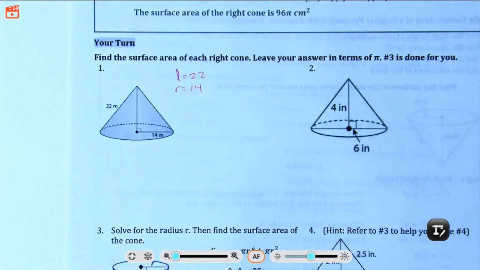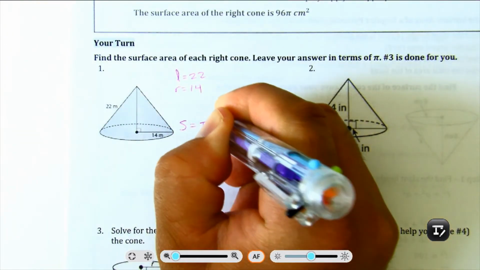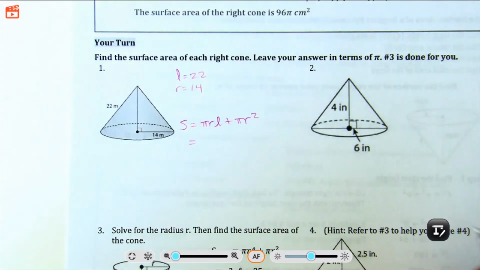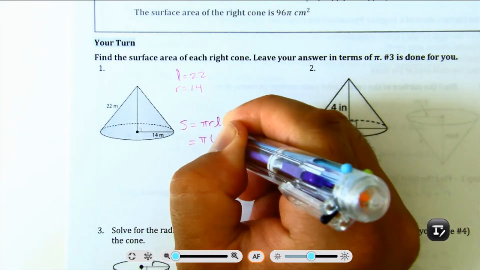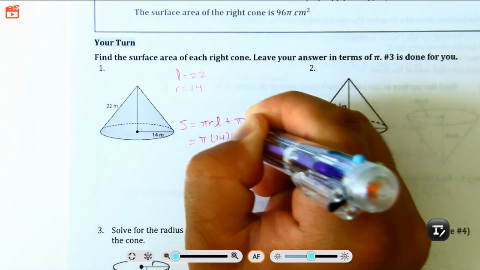So I can find the surface area right away by using the formula pi r L plus pi r squared, and I have pi times 14 times 22 plus pi times 14 squared.